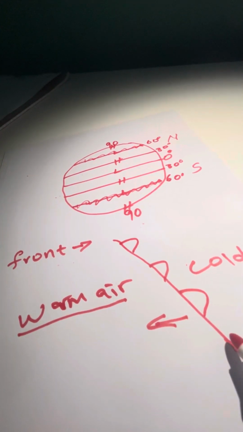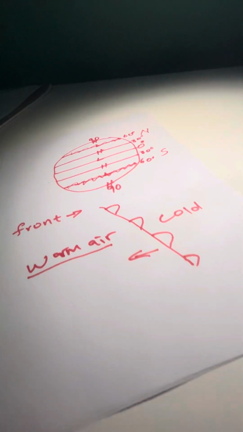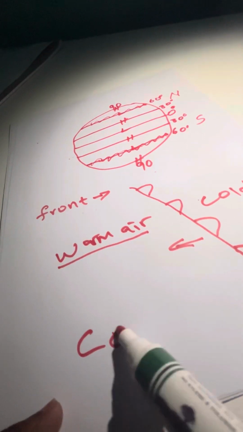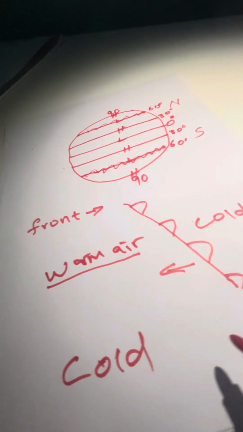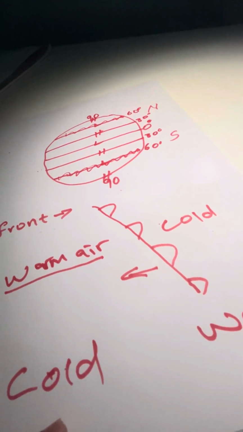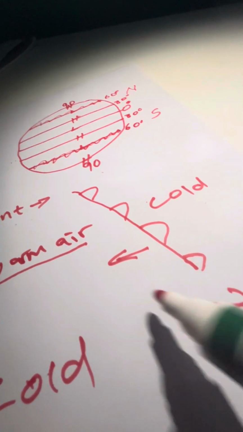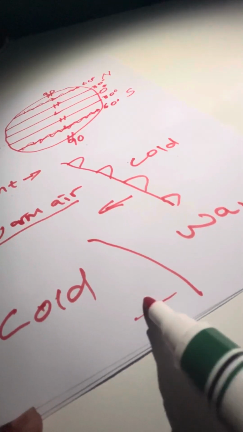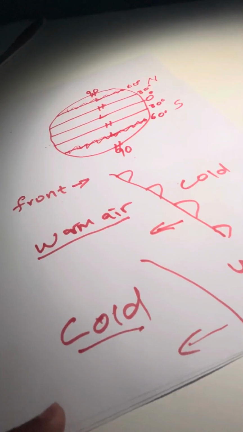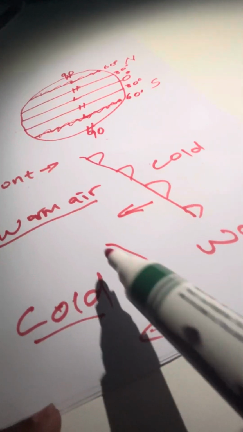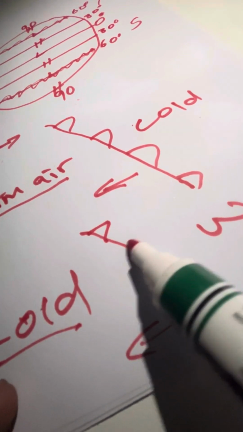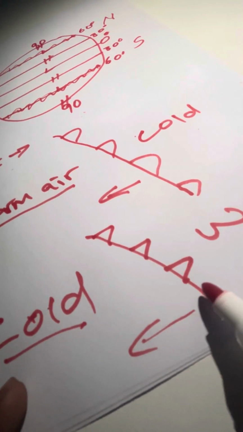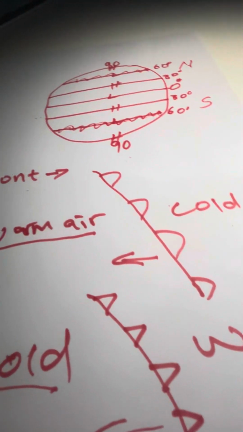Okay, then you will see it by some humps. Then if you've got cold here and warm, these air masses, we check again the air that is behind. The air that is behind is cold, therefore this front will be called a cold front, and you will see it by sharp spikes.